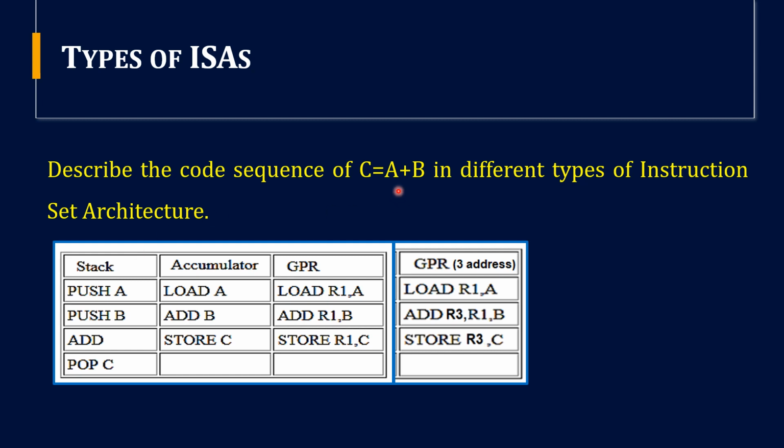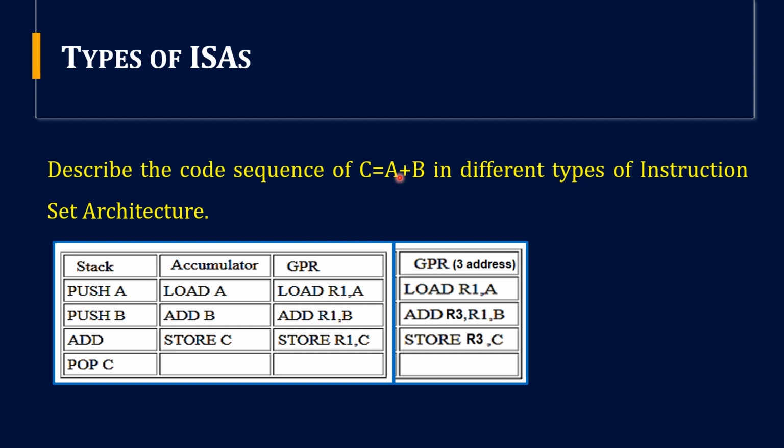Okay, so here we are given two operands A and B. First we push the operand A onto the stack using the command push A. Then the second operand B is inserted into the stack using the instruction push B. So the top two contents are the operands A and B. Now we give the instruction add.